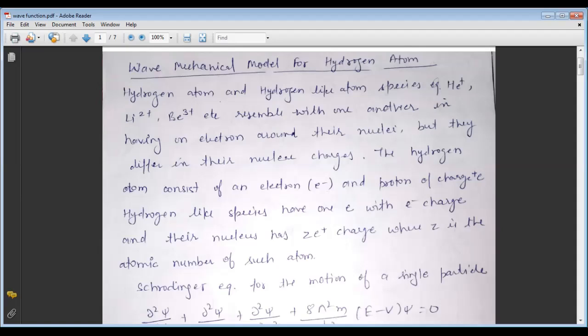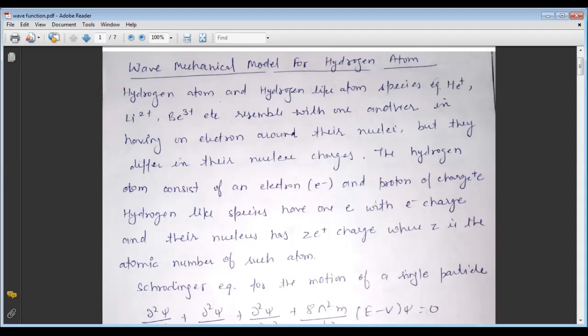So the equation is d square psi upon dx square plus d square psi upon dy square plus d square psi upon dz square plus 8 pi square m upon h square (E minus V) psi is equal to 0. That is the Schrodinger wave equation.